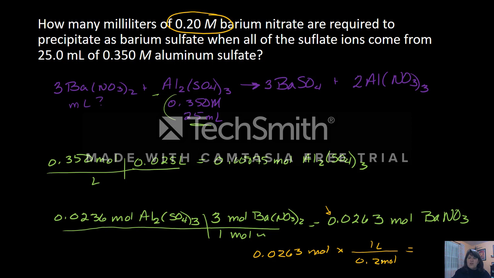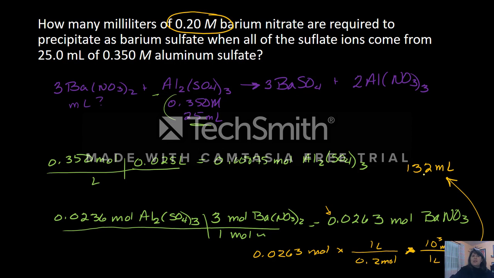That gets the moles to drop out and I'm left with the volume. But that would be in liters. So let's take it one step further and say, what if I have 1 liter contains 1,000 milliliters? And then I'm going to write it up here because there's virtually no more room. And when you do that, you end up with 132 milliliters. That one's probably the hardest one you're going to see on your worksheet.